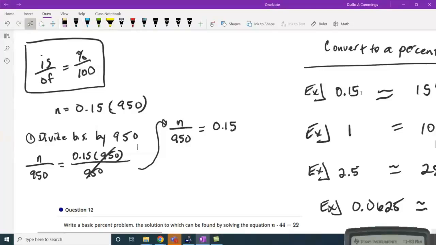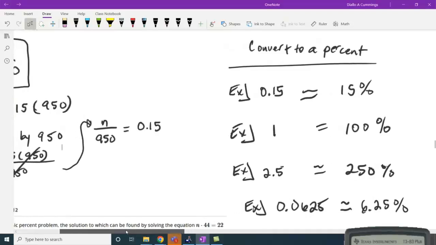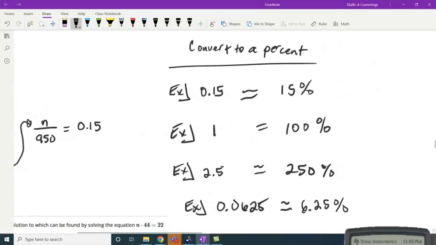From what we just looked at, we can convert 0.15 to a percent. 0.15 is 15%, and 15% is the same thing as 15 over 100.